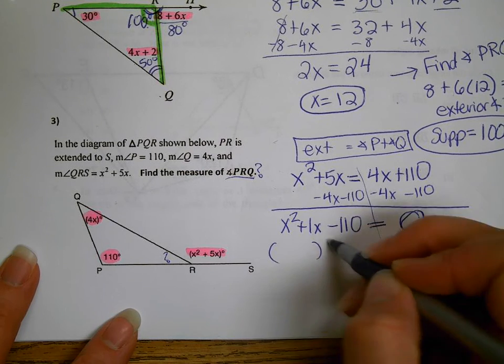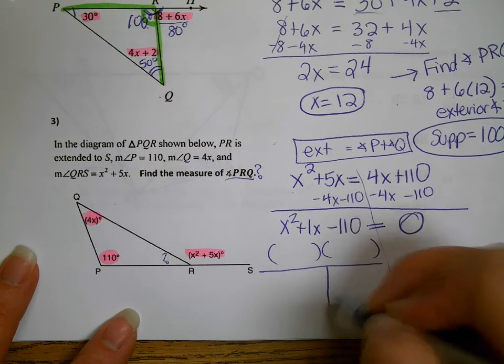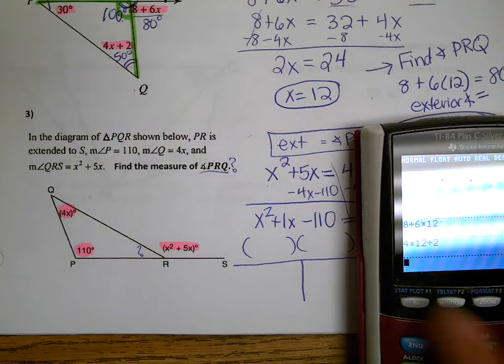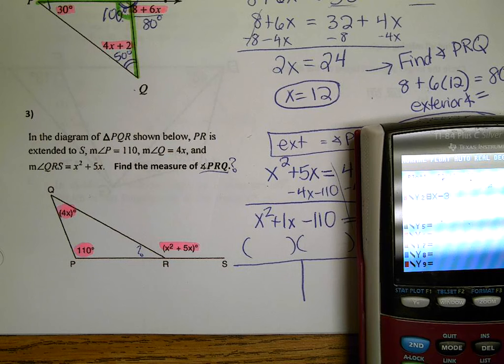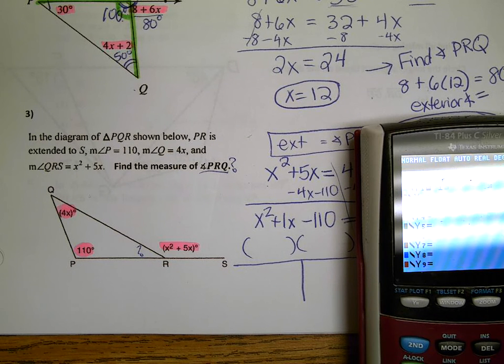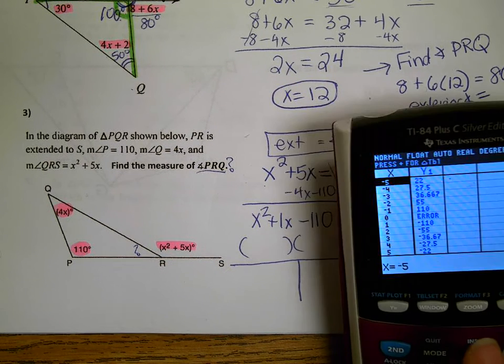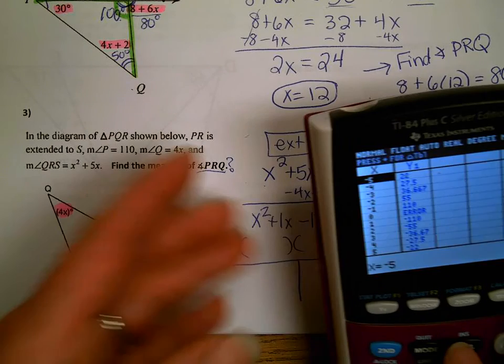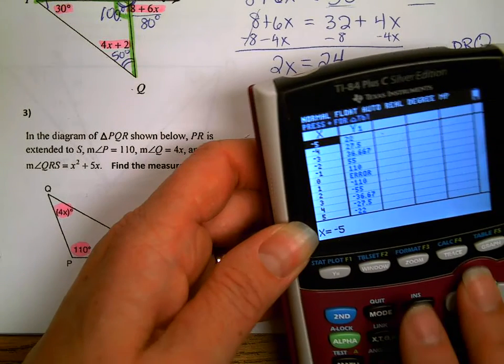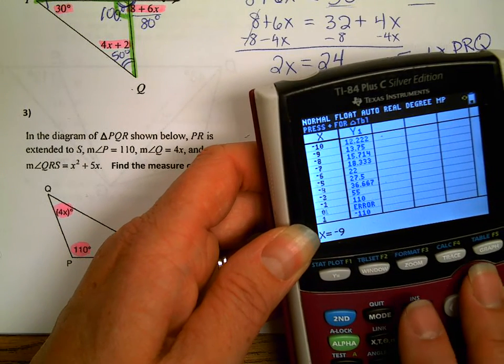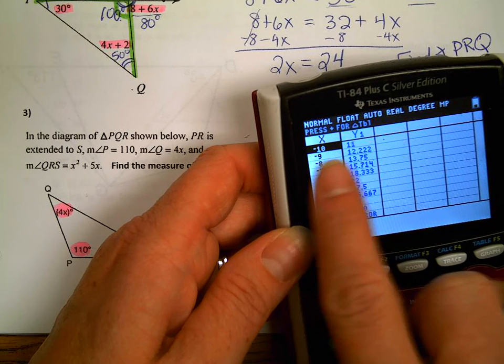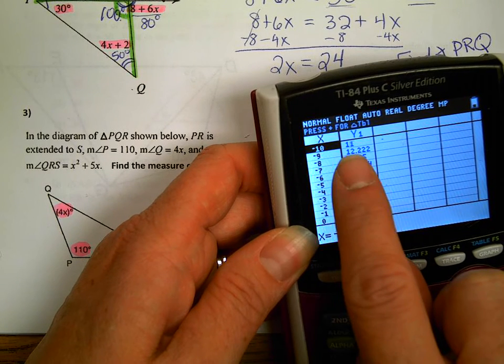And in this case, we always have to factor from there. So what multiplies to 110 and has a difference of 1? Well, if we put in negative 110 divided by x and go into our table of values, we're going to find a set of ordered pairs that are 1 apart. So here we have negative 10 and 11.